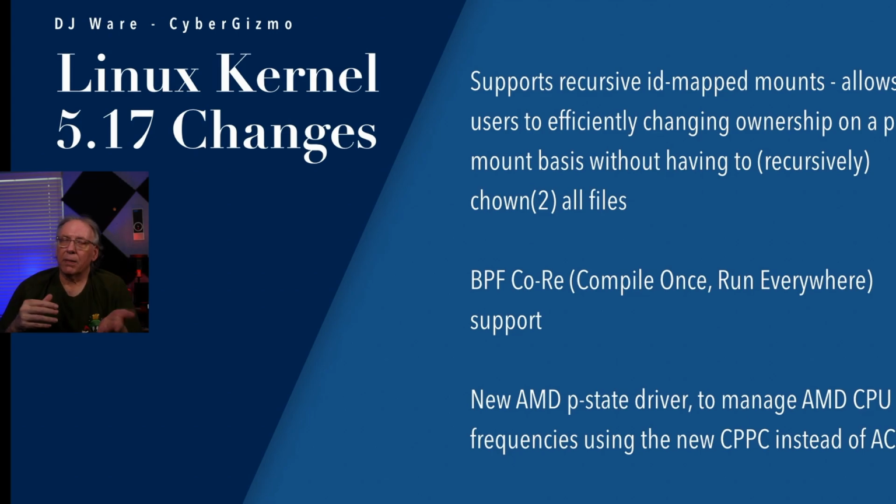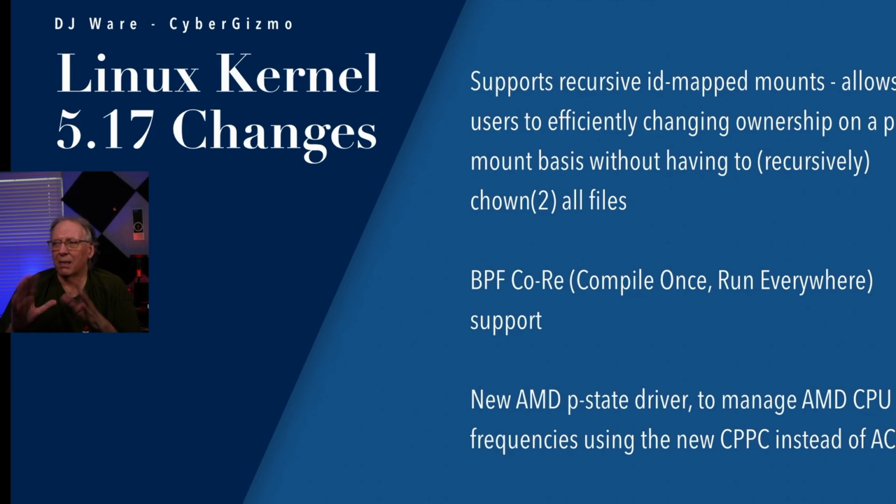It supports recursive ID map mounts, which allows me to have different permissions based on a mount point. Before, we had to go and mess with chowns, and it got complicated, especially when you wanted different groups of people to perform different things on that particular mount.